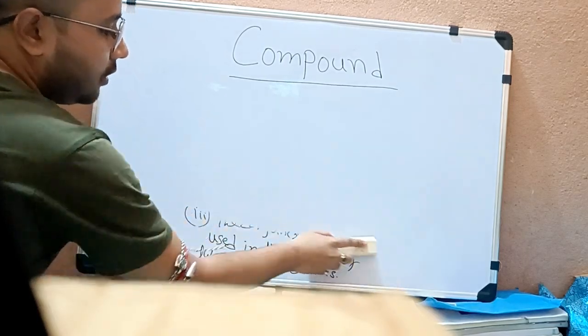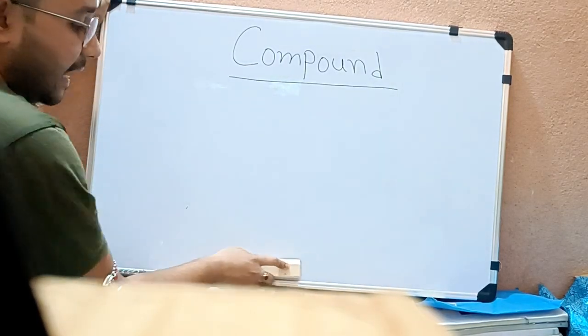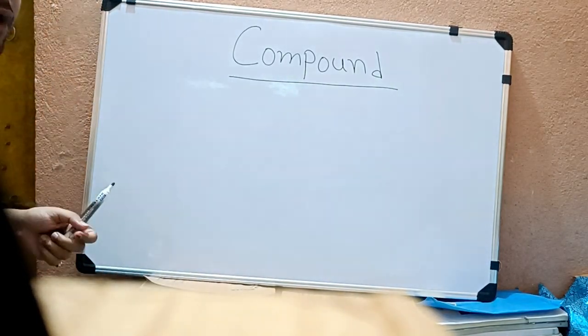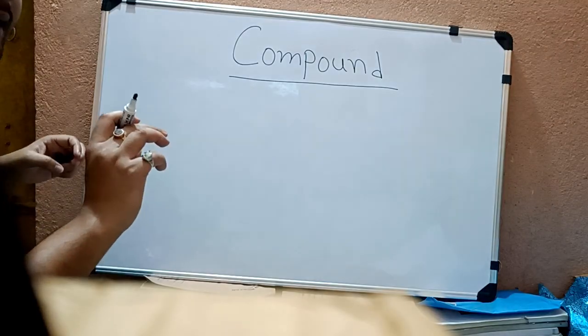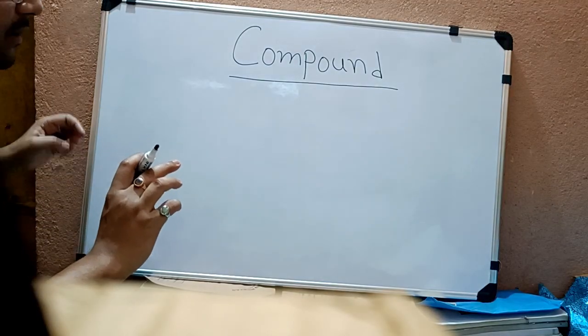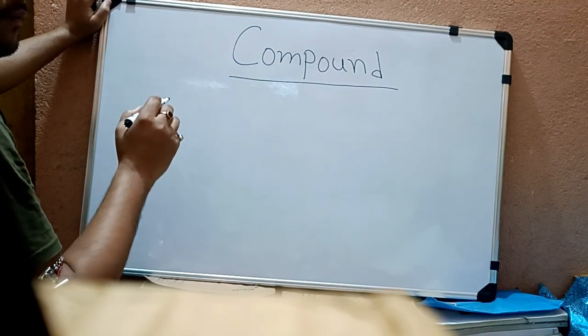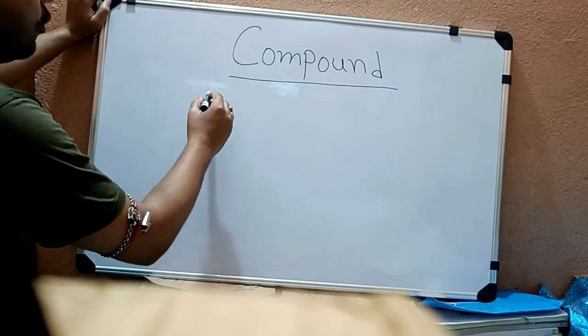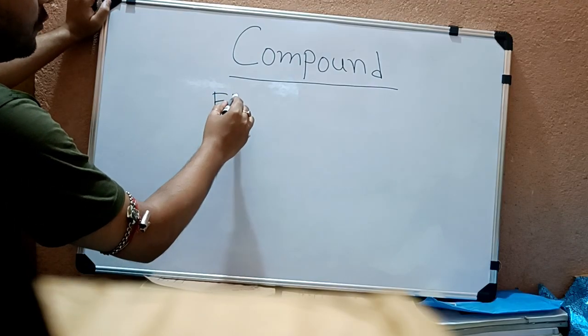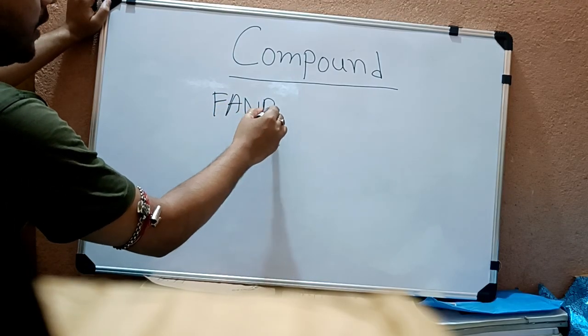So the conjunction which I have mentioned in a point is the coordinating conjunction. Then what are the coordinating conjunctions? If we want to remember them easily, we have to remember the formula, that is FANBOYS.